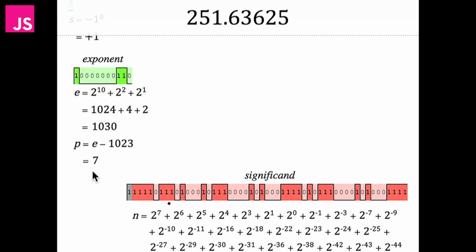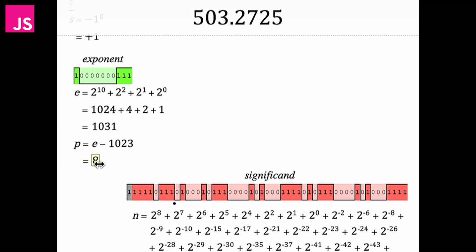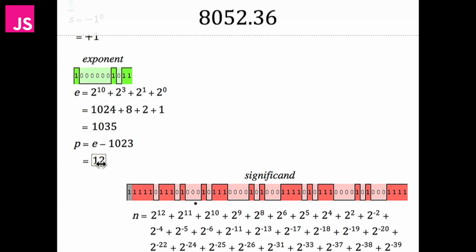And this value for the exponent is actually defining the position of this point in the significand. So it defines how many bits we have for the integer part of the number and how many are left for the fraction part. The bigger our exponent gets, the more bits we have for the integer part, and the bigger our integer value can get.